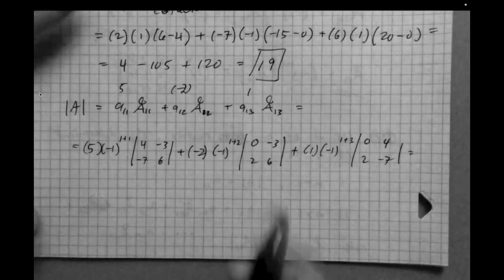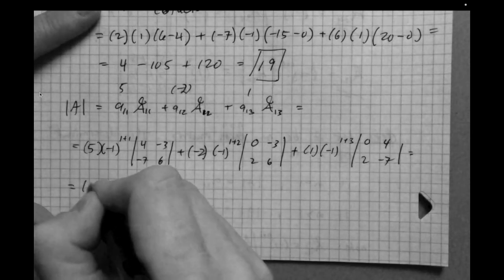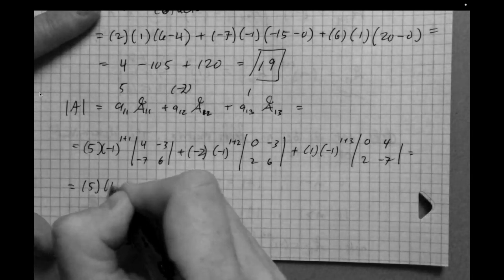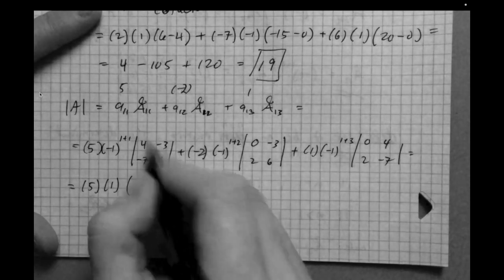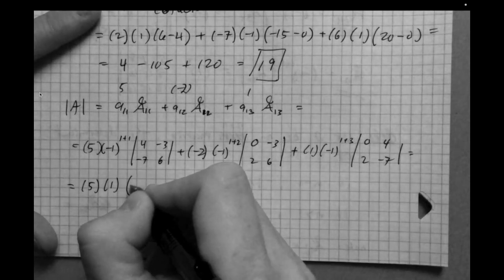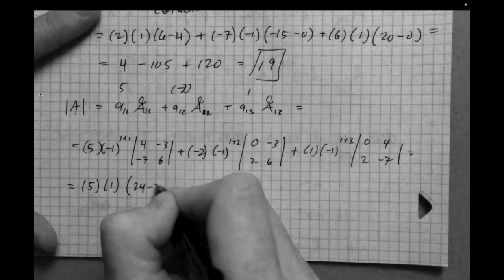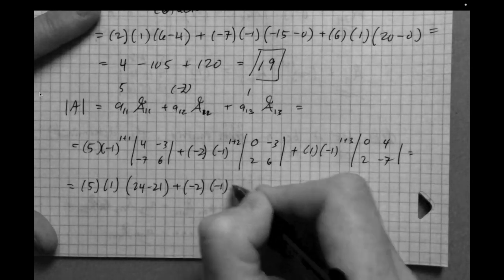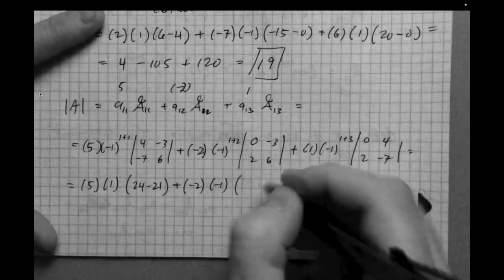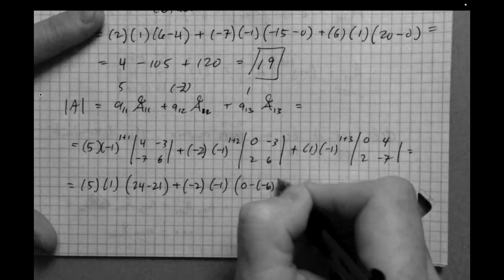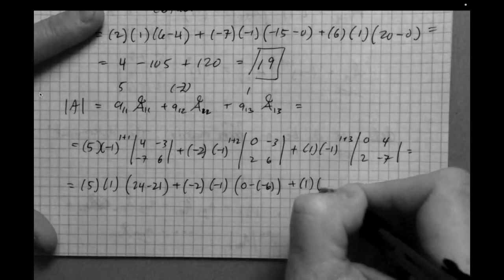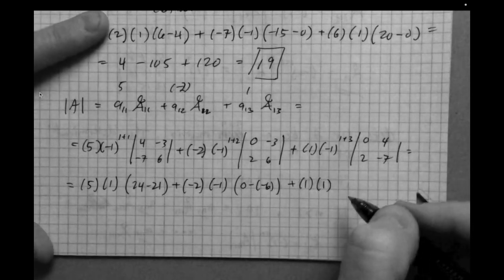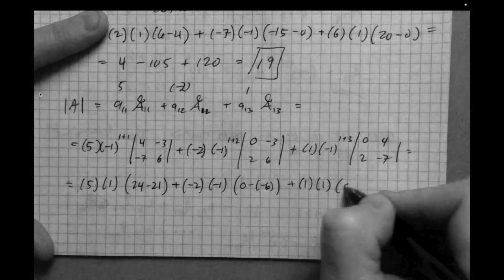All right, so we've got this guy. And this would be 5 times 1, and then this is going to be 24 minus 21, plus negative 2 times negative 1 times 0 minus negative 6, plus 1 times 1 times 0 minus 8.